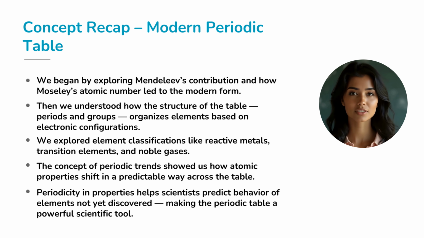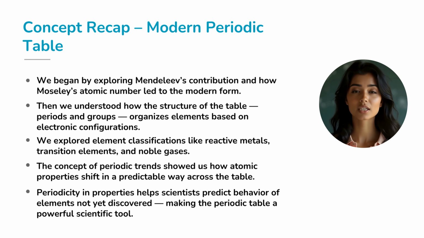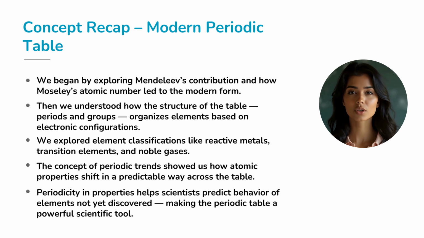We saw the classification of metals, nonmetals, transition elements, and the noble gases, and how electronic configurations dictate their placement. And we wrapped it up with the idea of periodicity, that beautiful repetition of chemical traits that makes the periodic table a map of the microscopic world.